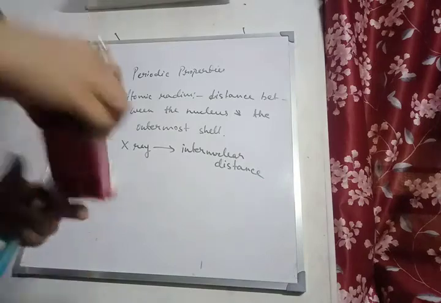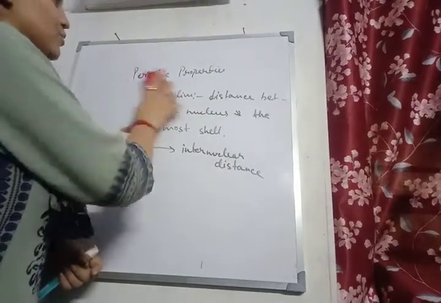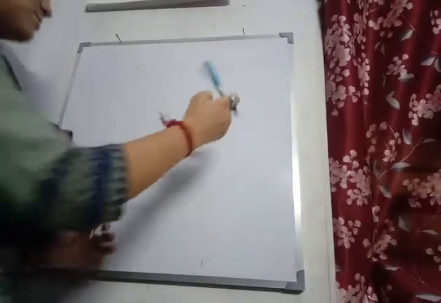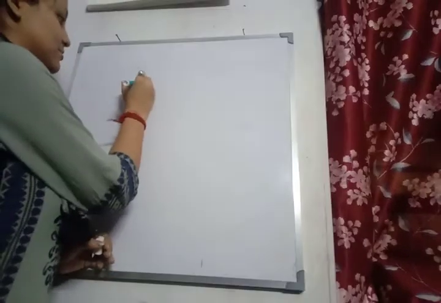Under this we have the first one as covalent radius. The word covalent is for non-metal atoms, because a covalent bond is formed between two non-metal atoms.